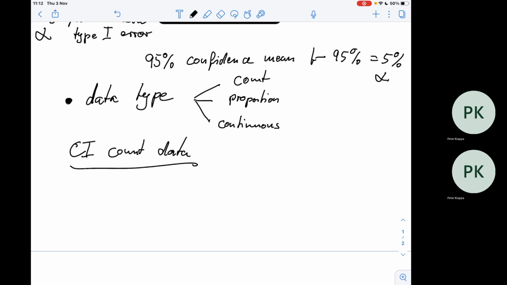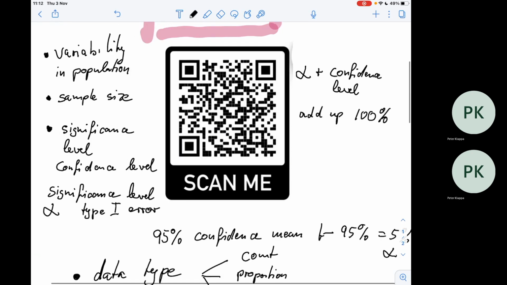How do you find them? You find them with this online calculator, for which you have got the QR code, and I will post that on Moodle and also send it around in a Moodle announcement. It's a great online calculator, but you need to know actually how to operate it.